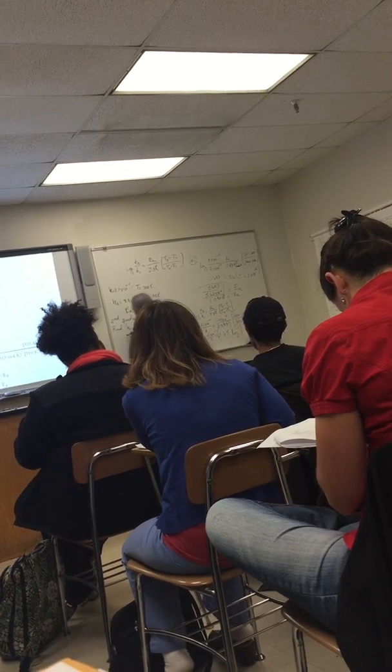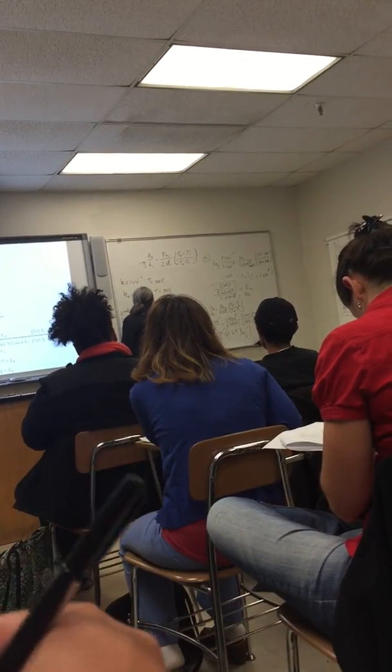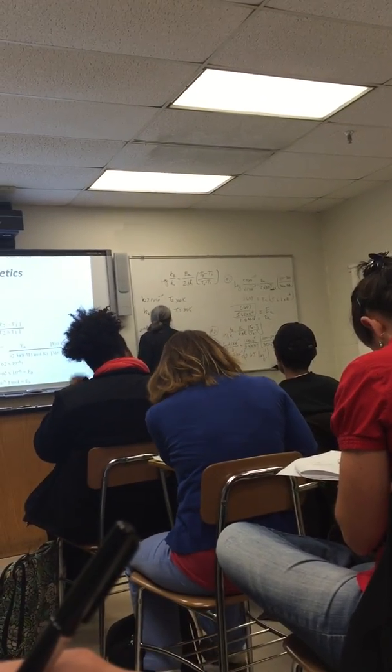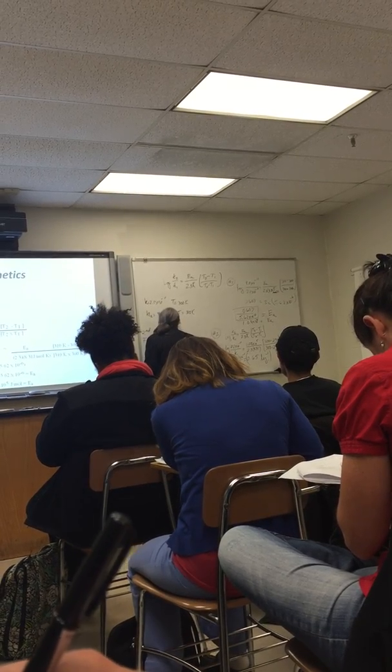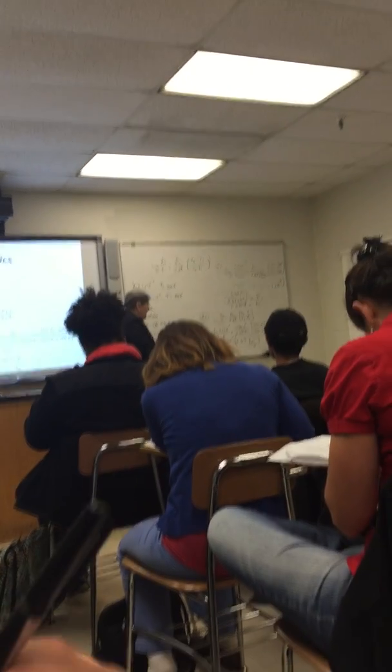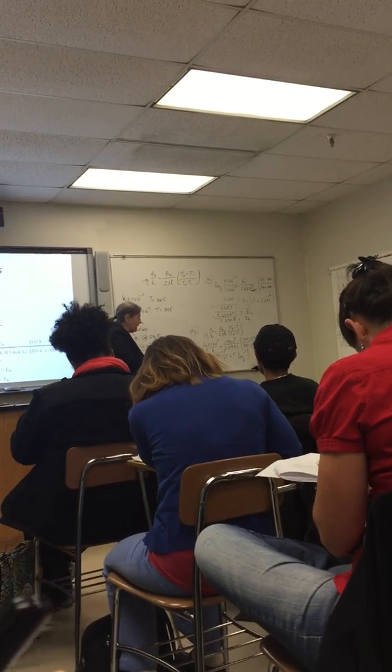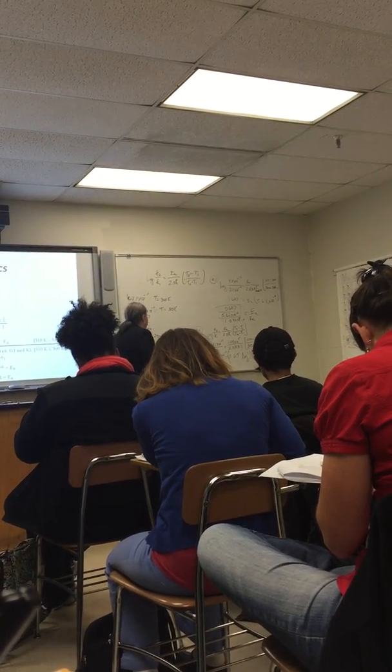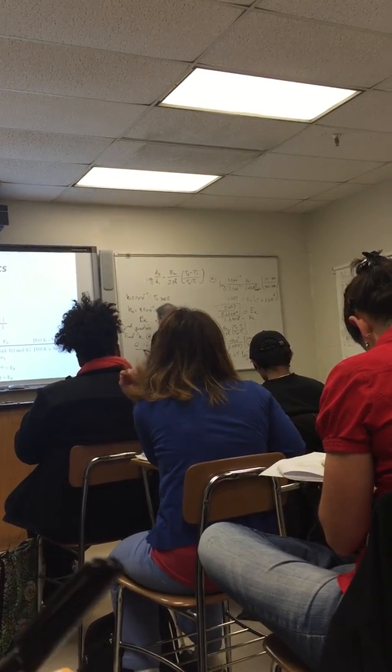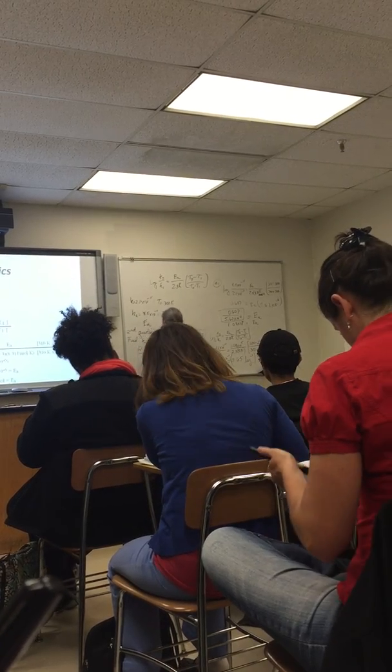I wind up with 2.1 times 10 to the negative 11 over K1 is equal to, and I take the shift log of this, and I wind up with 4.46.